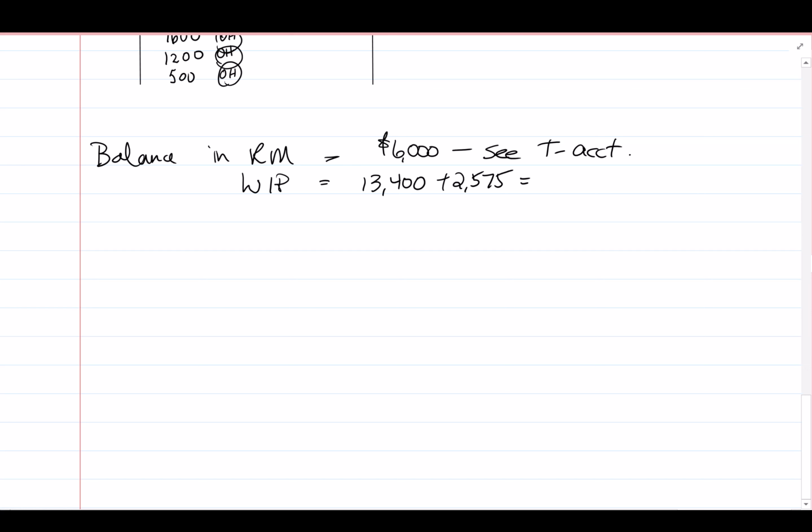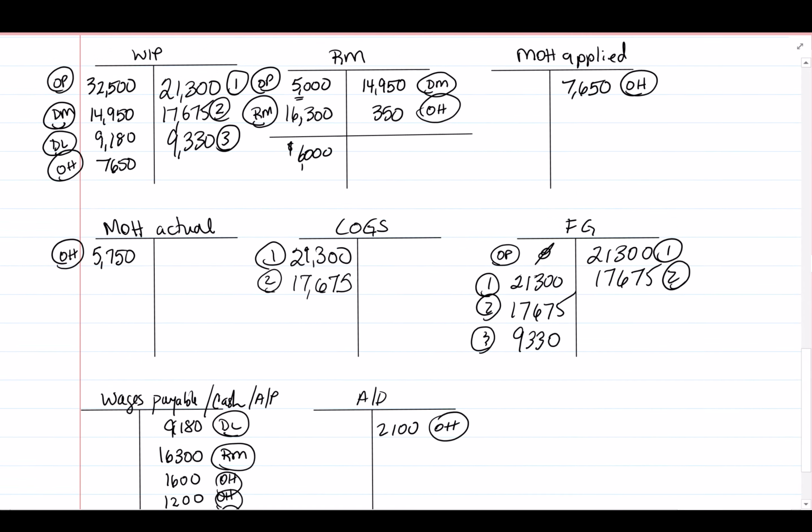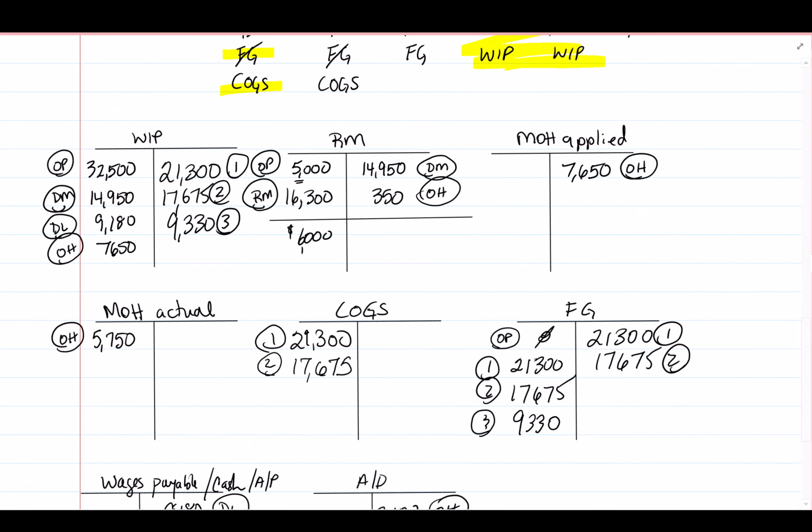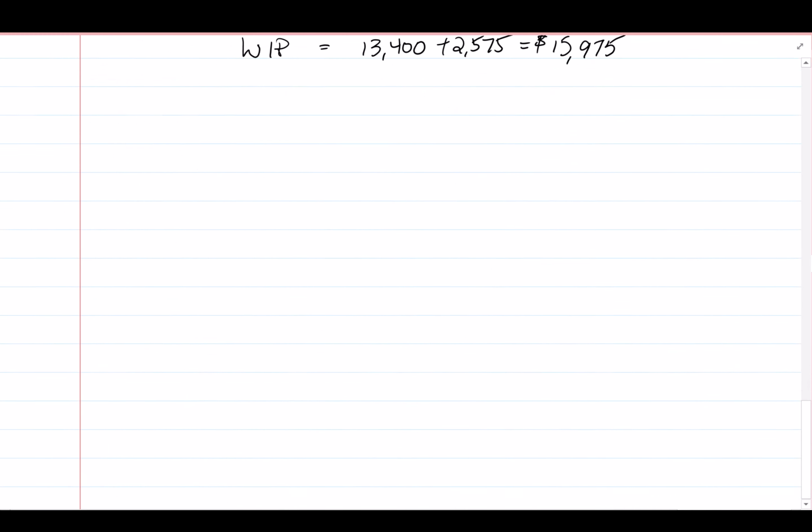So that equals $15,975. I'm just answering the question for what it wants. Alternatively, you can add up your T account. It should equal it as well. So this should equal $15,975.